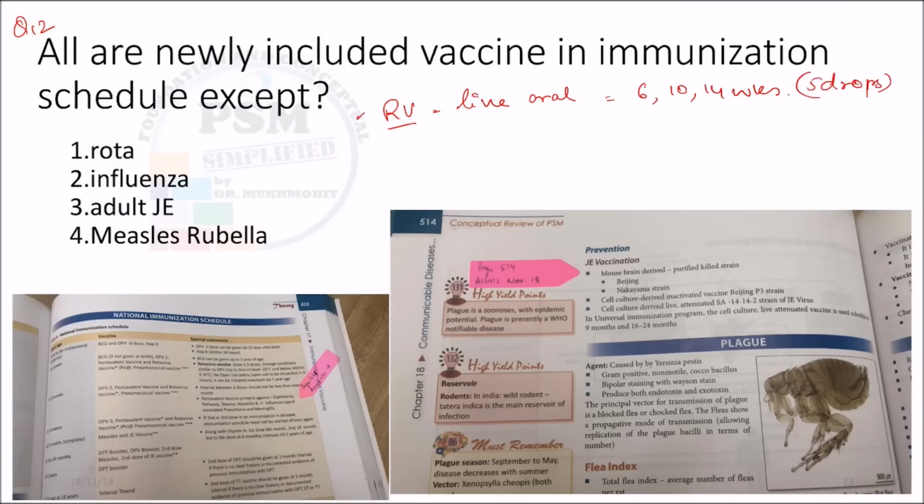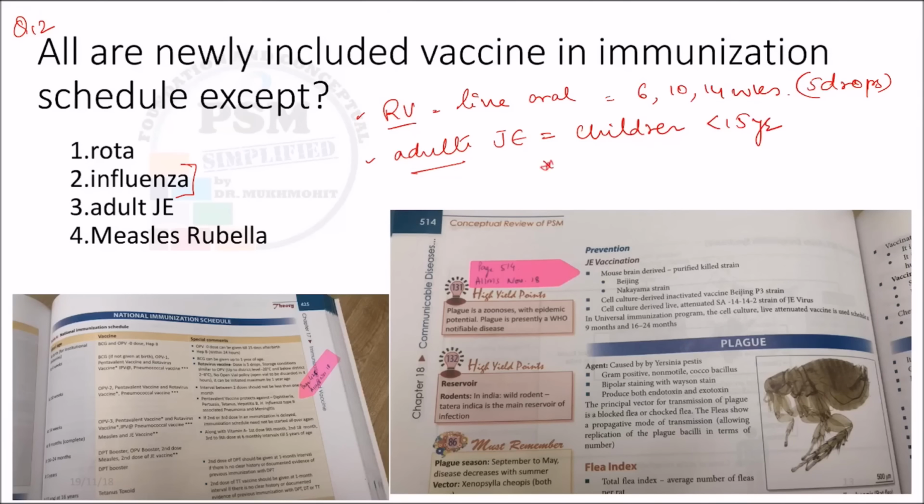The next vaccine is the influenza vaccine. As per the current status of the Indian National Immunization Schedule, influenza is not a part of the vaccine program. Next is adult JE. Japanese encephalitis has been approved for most of the states for children below 15 years.